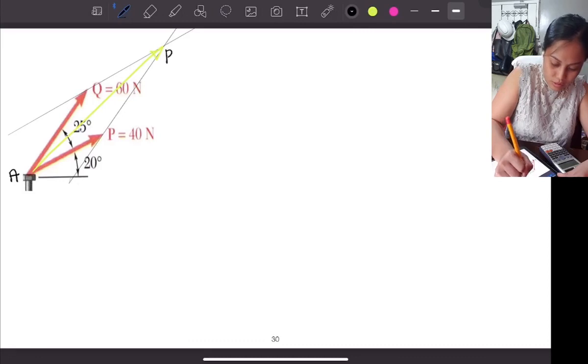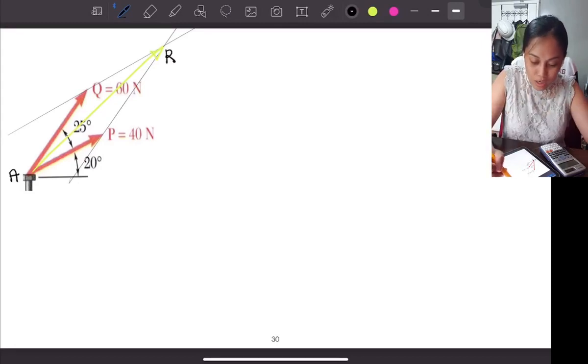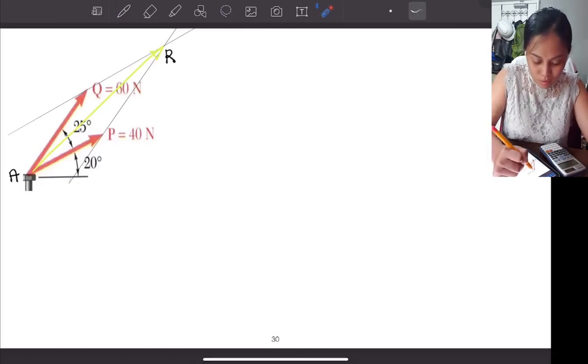So this is the resultant force R. After that, we select which triangle we are going to analyze so that we can determine the resultant and its direction. You can choose between the upper and the lower triangles for analysis. Say we choose the lower triangle.